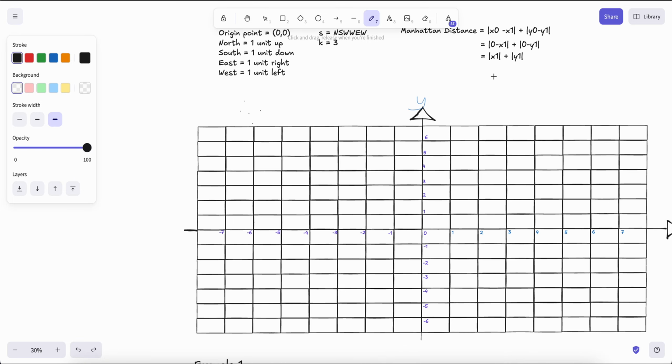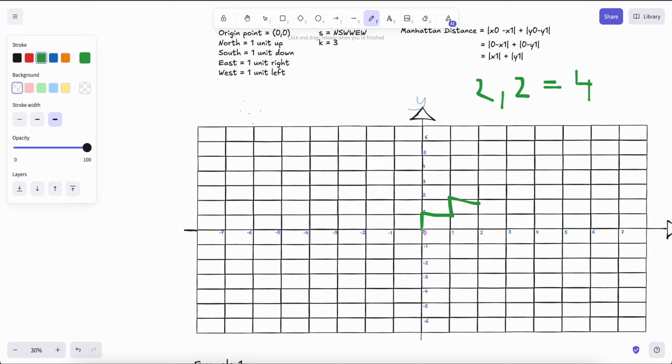Let me show you. For example, if we move north, east, north, east, the current point is 2 and 2. So what is the Manhattan distance? It is basically 2 plus 2, which is 4.